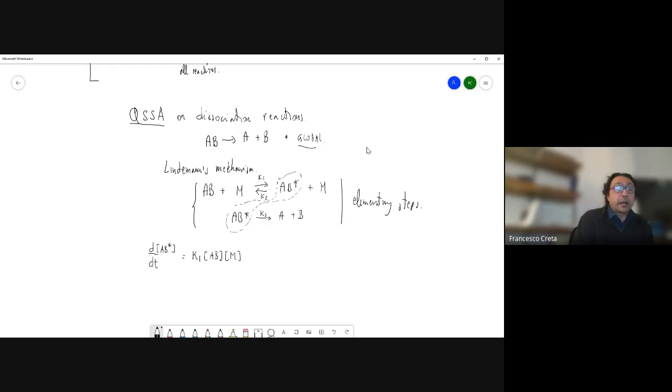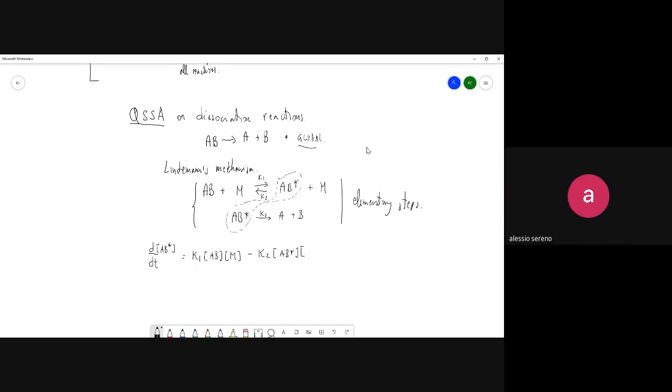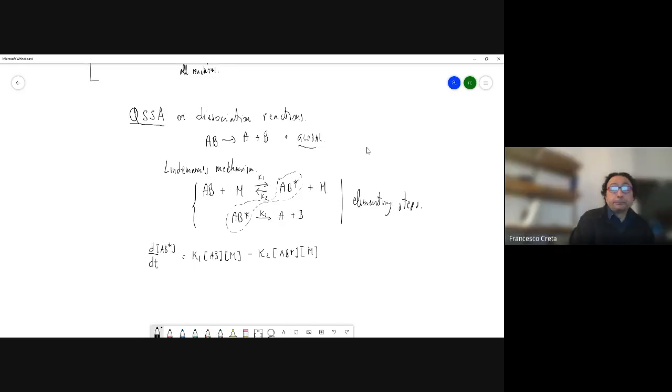Clearly, when I'm writing the brackets, I mean the molar concentration. Then we have the backward process, which is K2 [AB star] [M]. And then the final reaction, which is minus K3 [AB star], a depleting reaction. Fine.